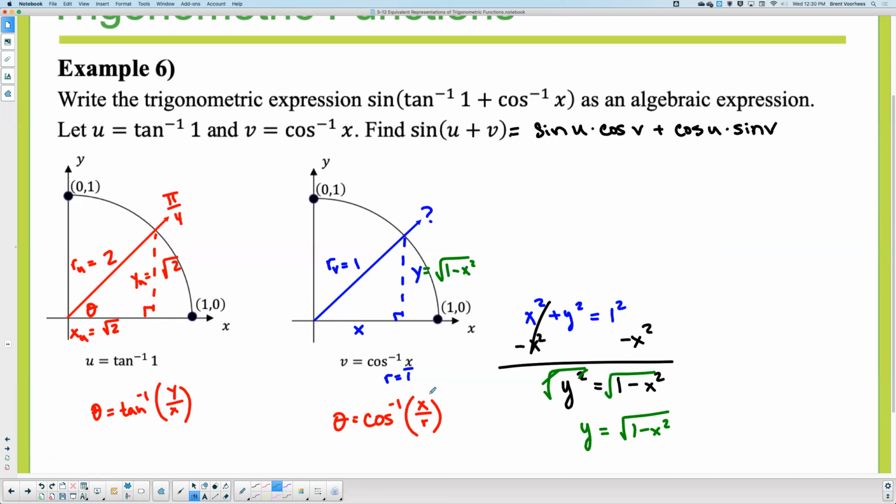Okay, let's tie this all in to get our answer. We're doing exactly what we did in the previous problem, but now with these crazy trig functions. I need to know the sine of u, so go to triangle u.